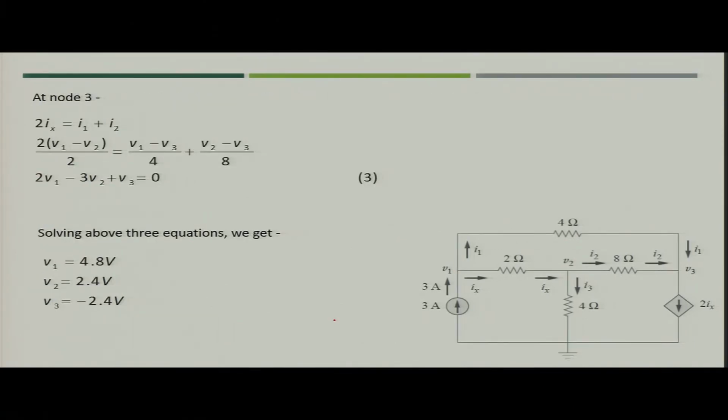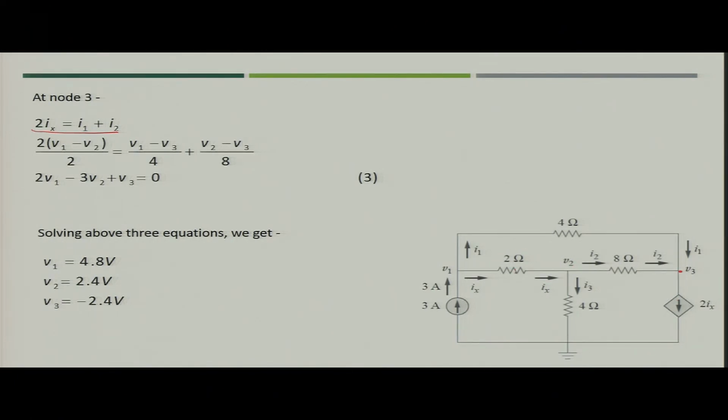Similarly, for node 3, it would be I2 plus I1, and since the dependent source is in the downward direction, this is going out and these two are coming into the node. So, you can write 2 Ix is equal to I1 plus I2, right. Now, what is the value of Ix? Ix you have calculated as V1 minus V2 by 2.